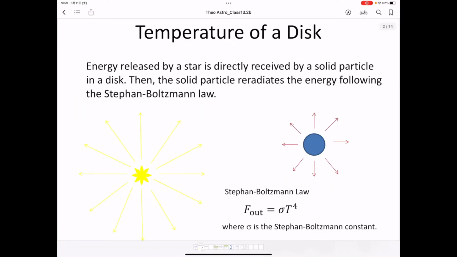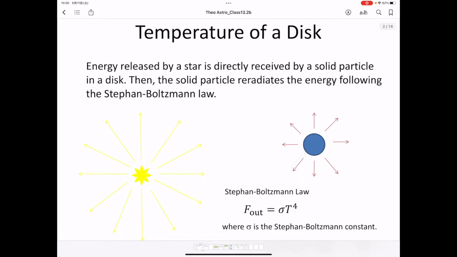Then we'd like to find out the temperature of a disk. So we consider energy released by a star is directly received by solid particles in a disk. Then the solid particles radiate the energy following the Stephan Boltzmann laws. Stephan Boltzmann law said the released energy from the surface of a solid particle is expressed by sigma times T to the fourth.